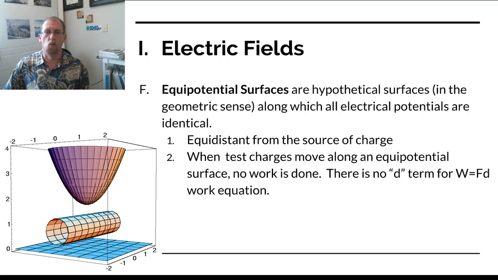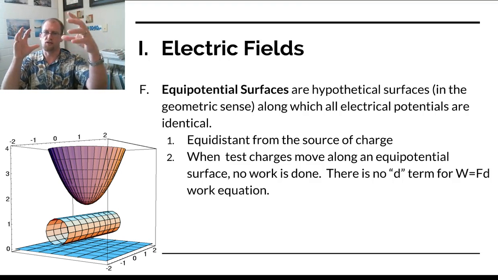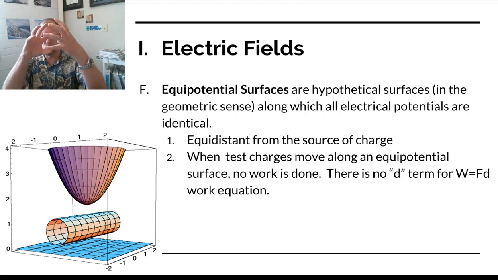It has the same work potential as all the points common to it in the field. So you have a point of charge and energy coming out of it in all directions. And I could find some shape in that field where all the points in that shape have the same voltage potential. They can do the same amount of work at that point as the other points that I've identified.